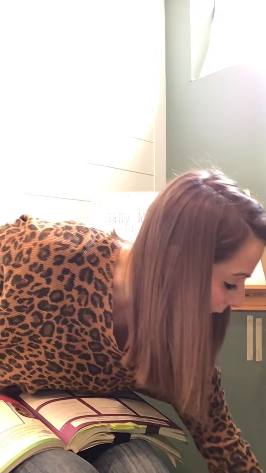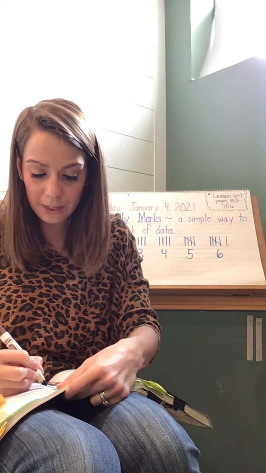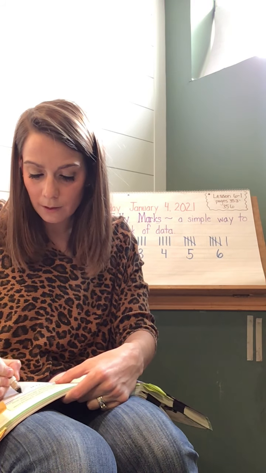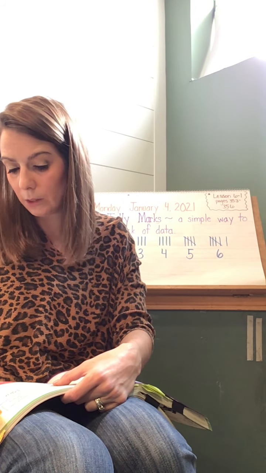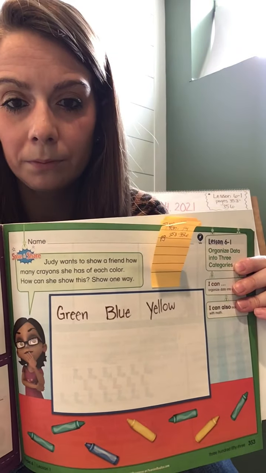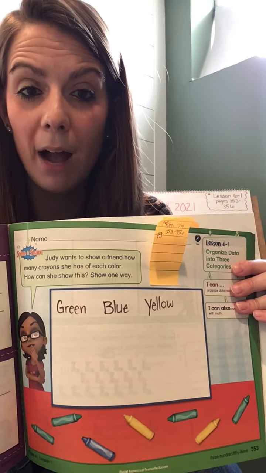So let's see. If I want to count up how many crayons Judy has, I could think, okay, well, I see some green, I see some blue, and I see some yellow. So I have written those color words in this box. If you want to pause the video and go ahead and write those in your box, you can do that too.